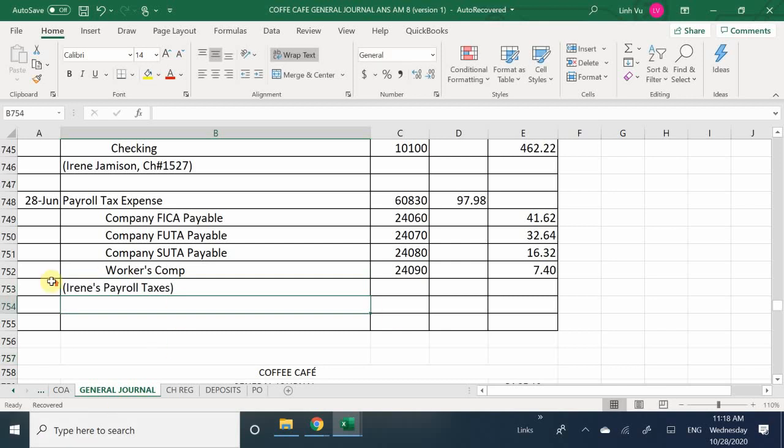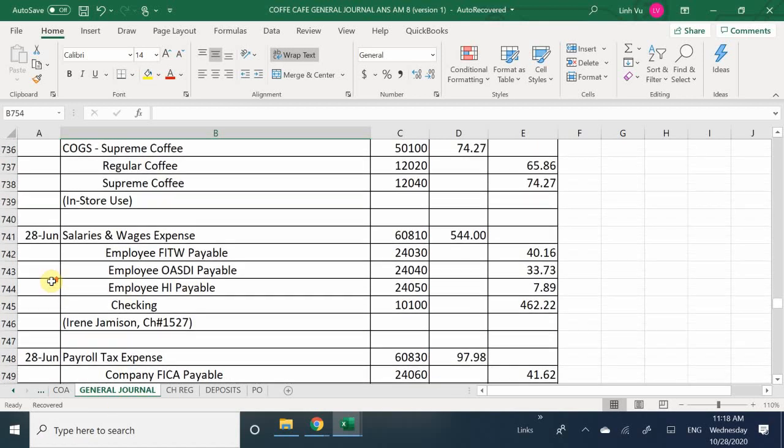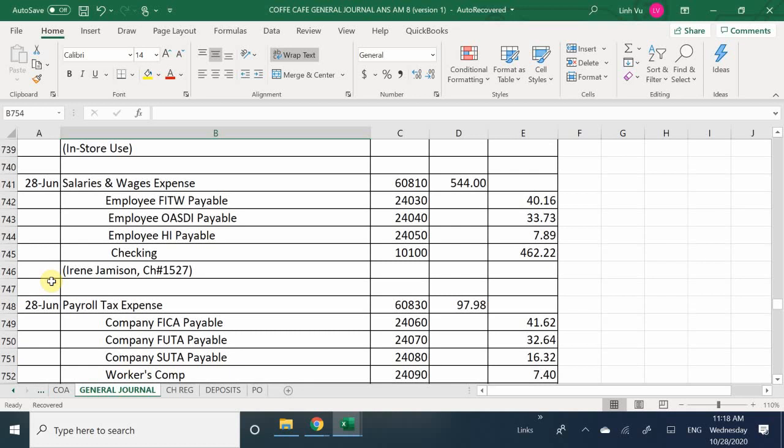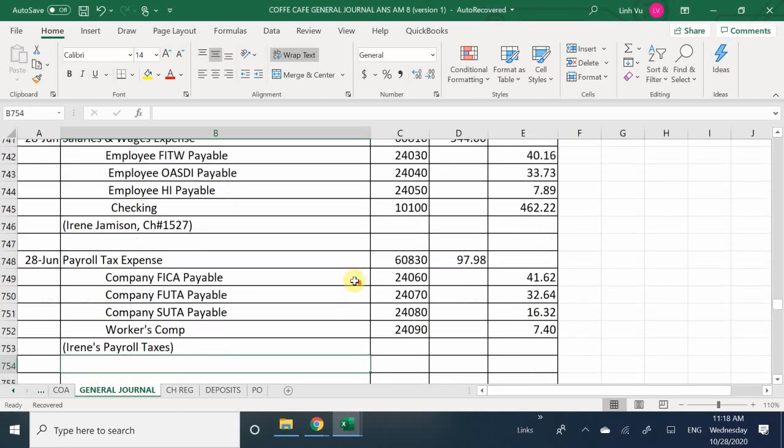Good. So two things we didn't do yet is we didn't even go to the ledger. So now that we completed our employee and our employer taxes, now let's go ahead and record this to our ledger.